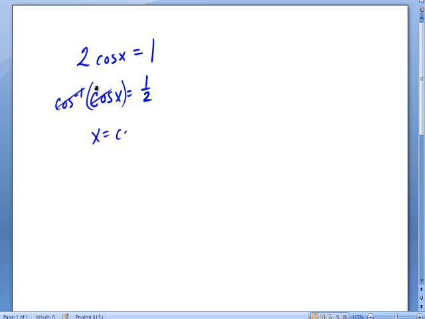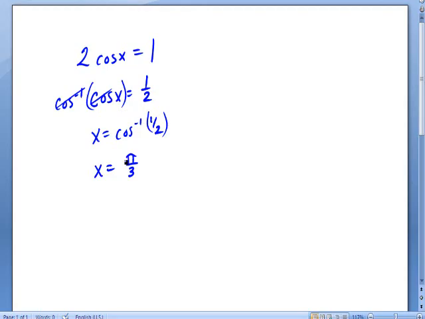So our final solution here will be the inverse cosine of 1/2, or in other words, what angle measure gives us a cosine equal to 1/2. In this case, the final answer for x is pi over 3, or 60 degrees.